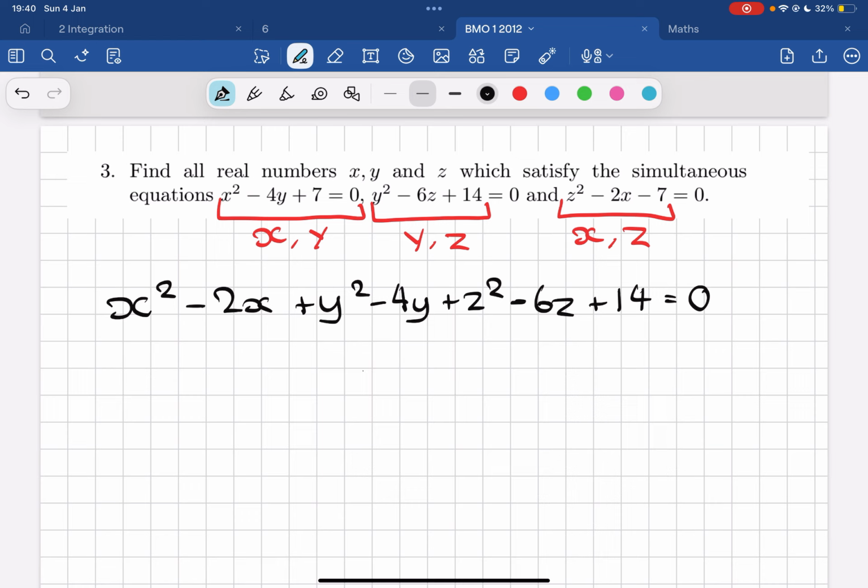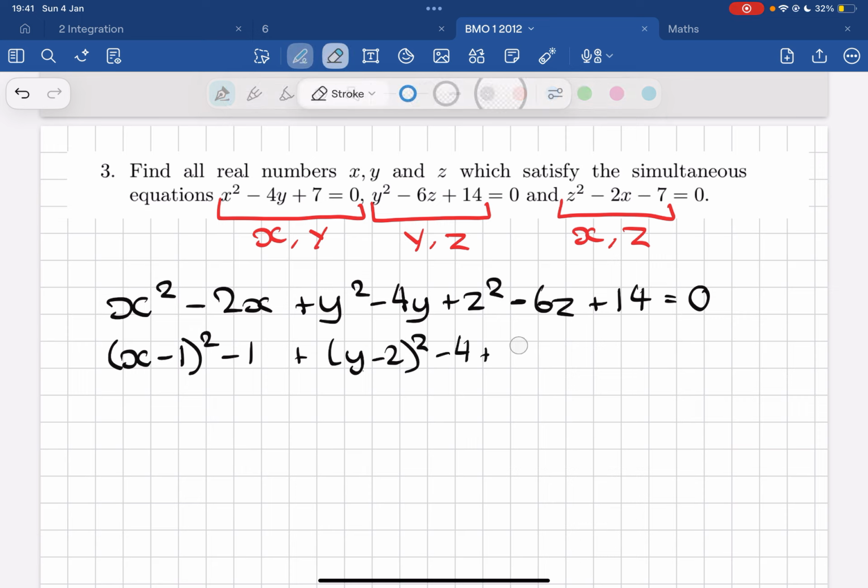Right, now what we can do to simplify this expression is complete the square. For the x, we have x minus 1 squared minus 1. For the y's, we have y minus 2 squared minus 4.